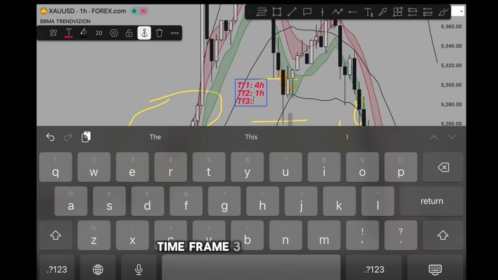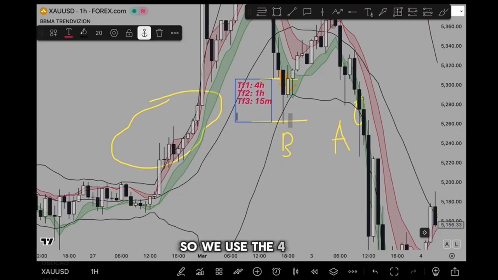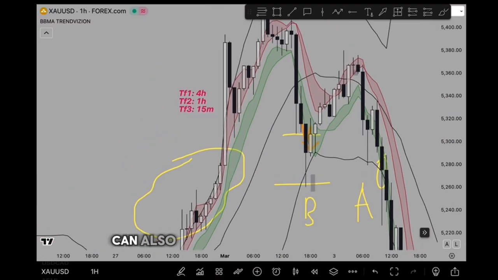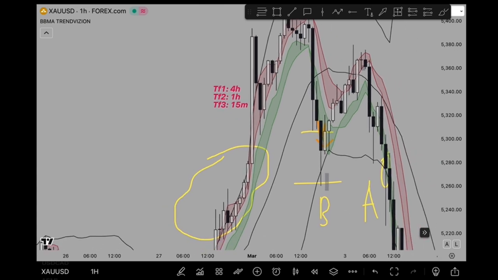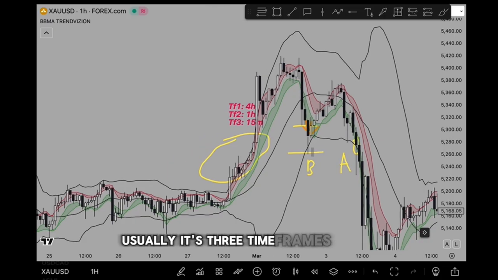Time frame 3, 15 minutes. Now in this case it's a 4 hour re-entry, so we use the 4 hour. Doesn't always have to be the 4 hour. Can also be 1 hour, 15 minutes, 5 minutes. But yeah, usually it's 3 time frames.